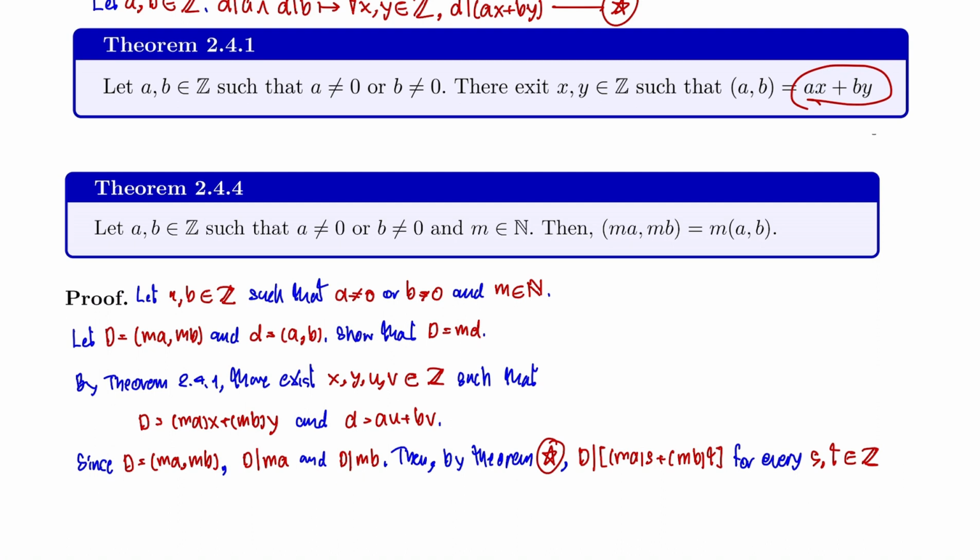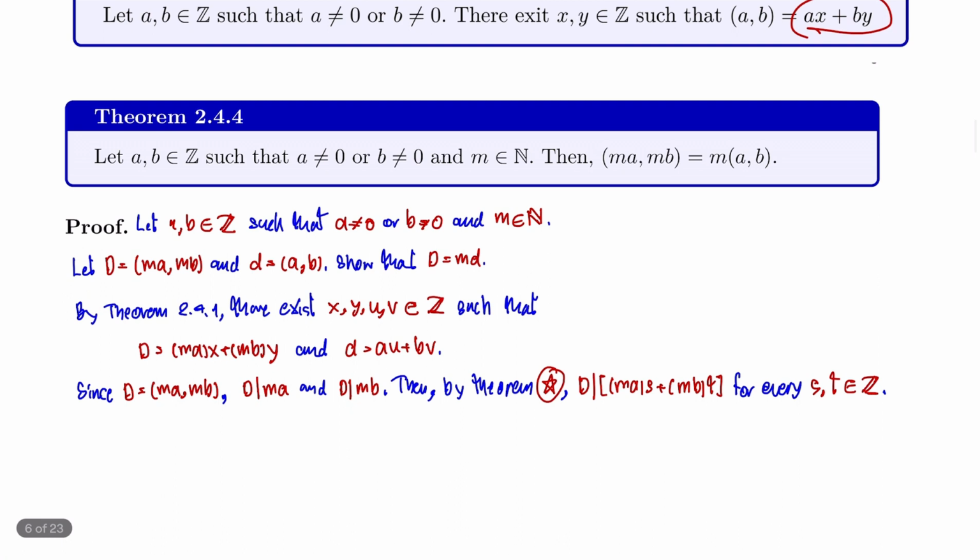Okay, for integers s and t. Then what do we have next? The next thing that we have to do is, since s and t can be any integers, we can plug in any integer into s and t.